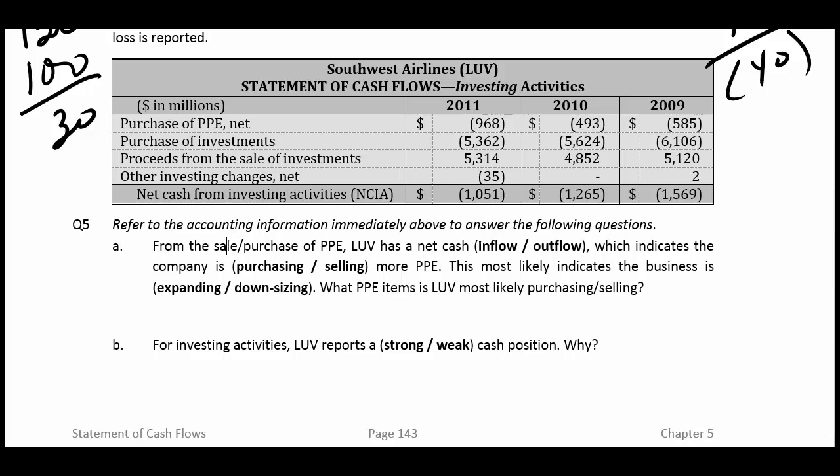So from the sale or purchase of PP&E, net, Southwest had net cash inflow or outflow? Outflow, which indicates that the company is purchasing more PP&E because it's paying more money. This likely indicates that the business is expanding. And what exactly is Southwest Airlines probably buying?